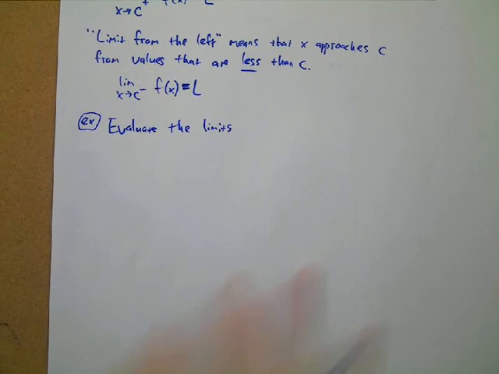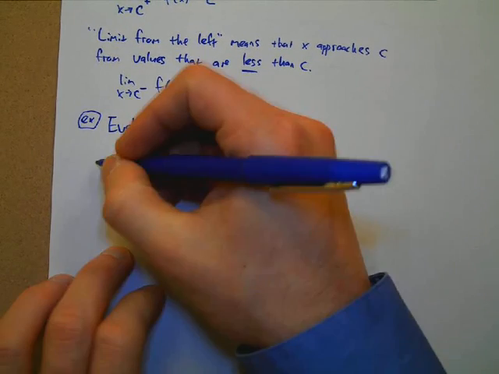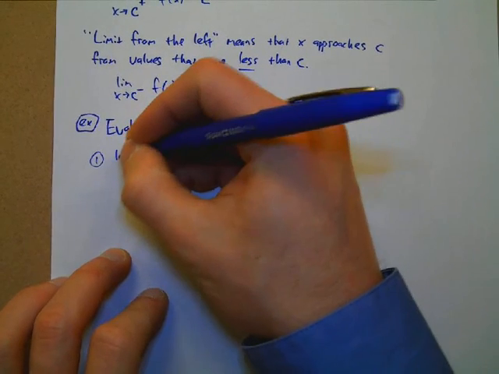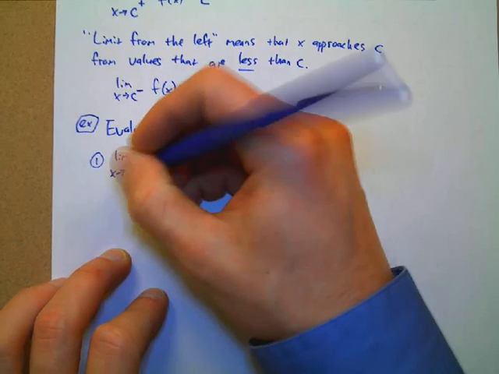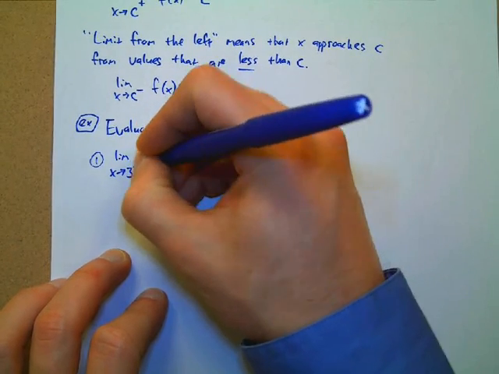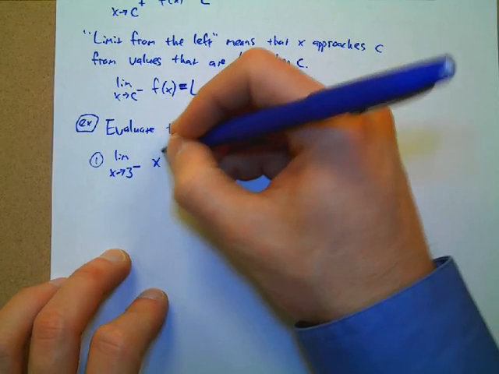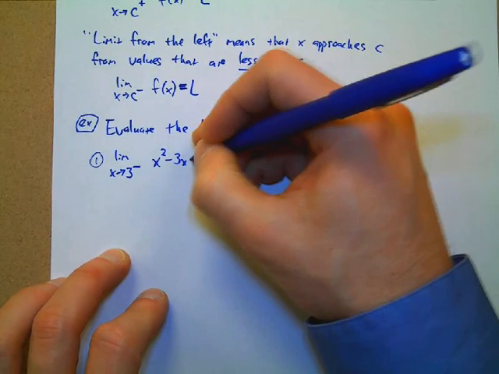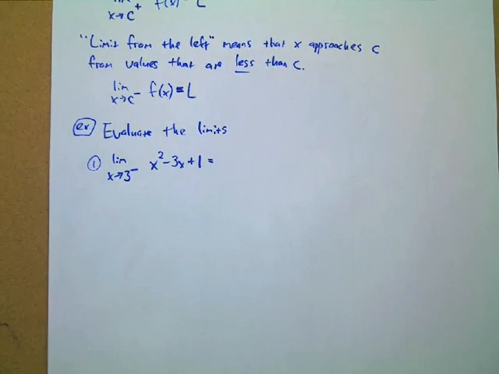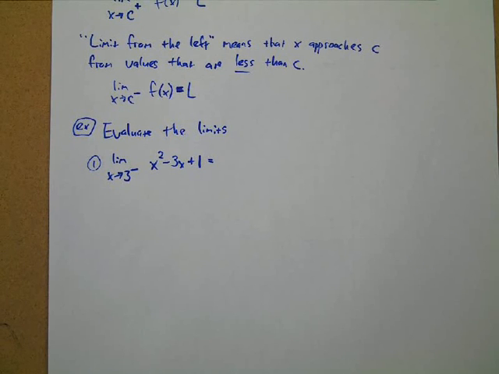So the limit as x approaches 3 from the left, and we'll start with just a nice function. So x squared minus 3x plus 1.